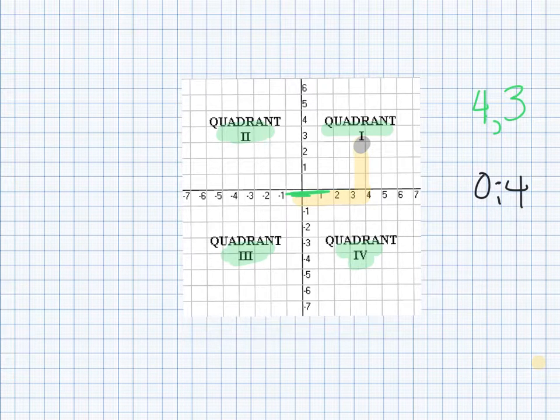And so -4 will be on the y-axis, and so my point will actually be down here because it's 0 going across and 4 going down. So that's not in any quadrant. Our first dot was in quadrant 1. The second one is not in any quadrant because it's on the y-axis. If it was on the x-axis, it would not be in a quadrant.